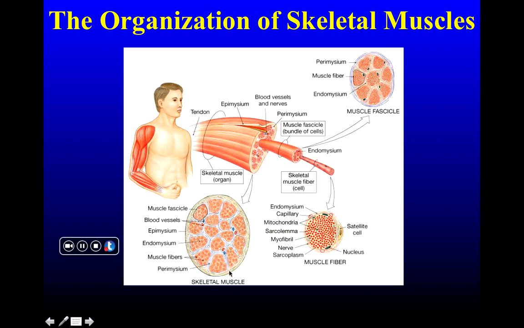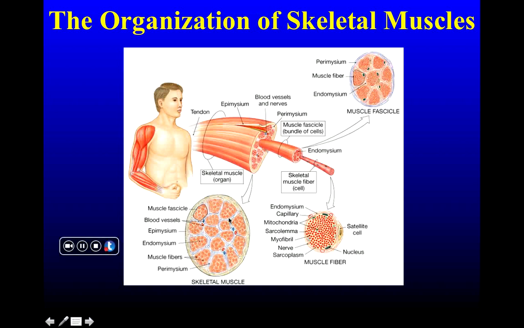You see this yellow group of connective tissue surrounding the entire muscle. That would be called the epimysium, right? This is the connective tissue layer that surrounds the entire muscle, epi.